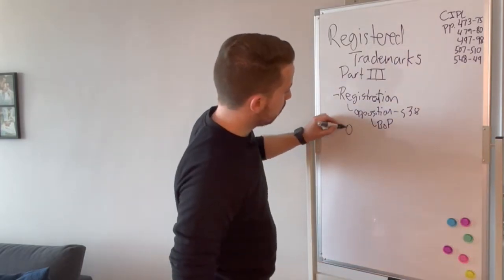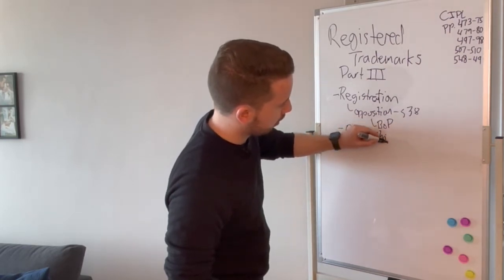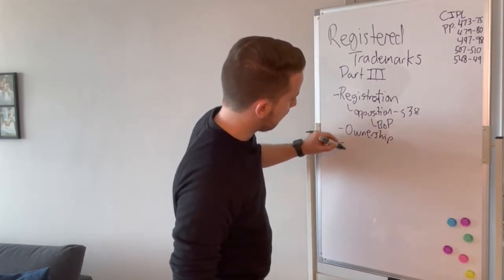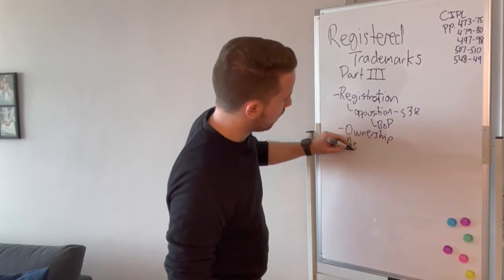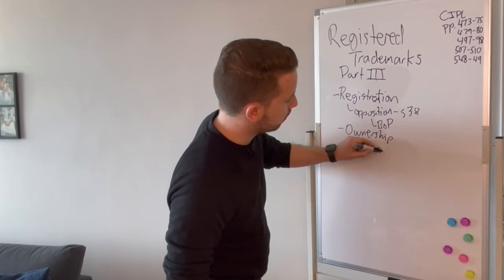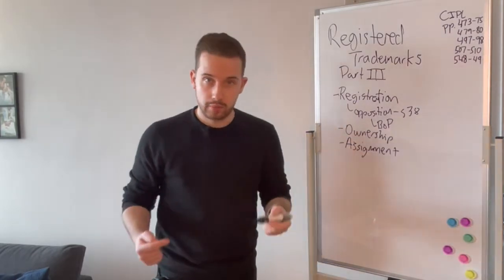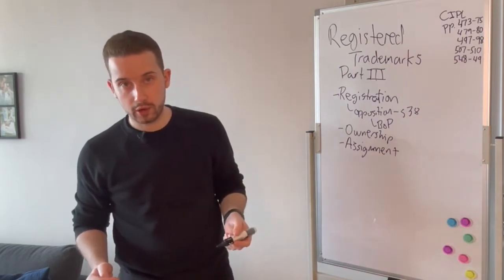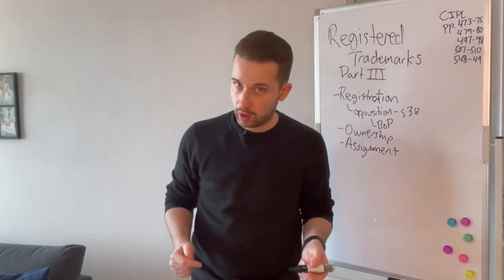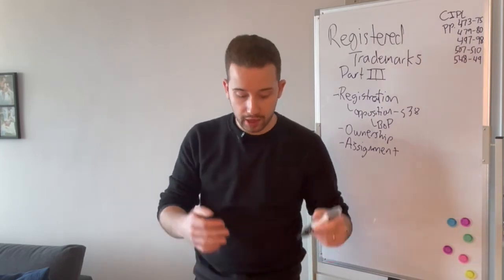Second things in those various pages of the book are ownership and what we'll call assignment. That might not be the words that the book uses all the time, but we'll try to be consistent, because you'll recall under the other areas of intellectual property law that we discussed already, most predominantly copyright, I called it assignment.